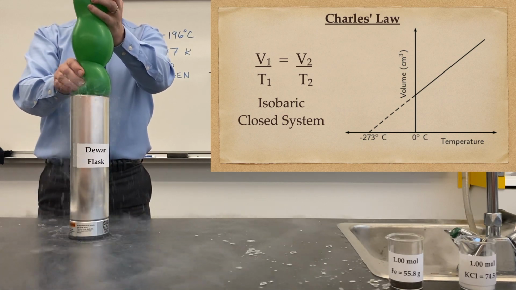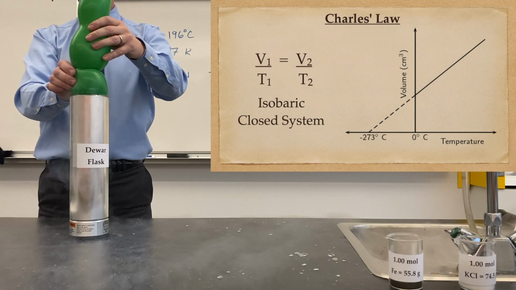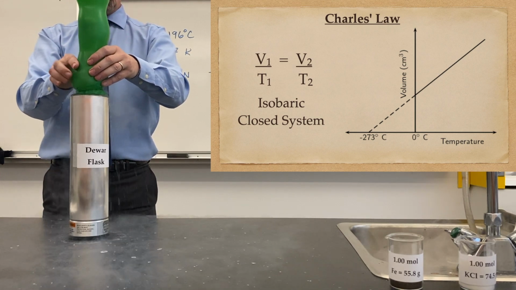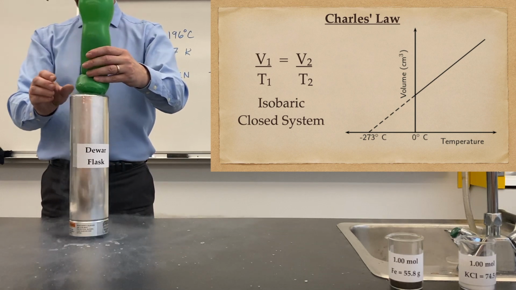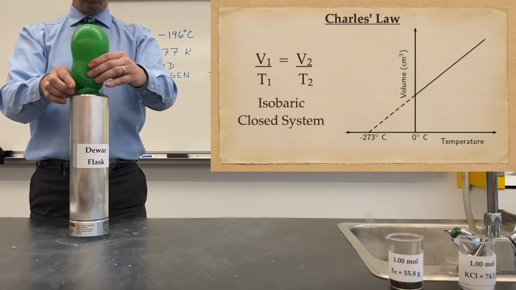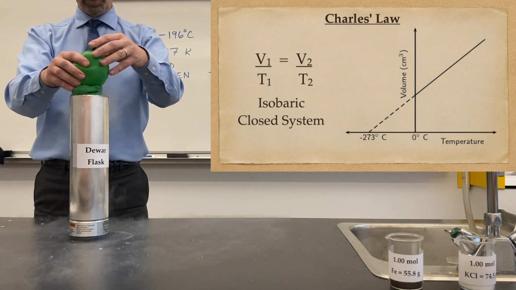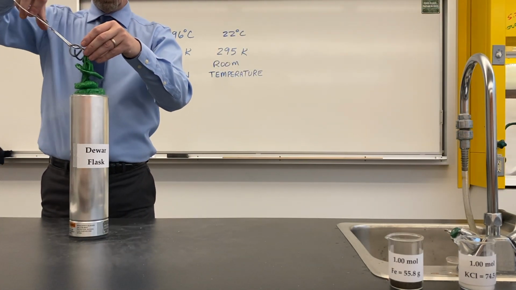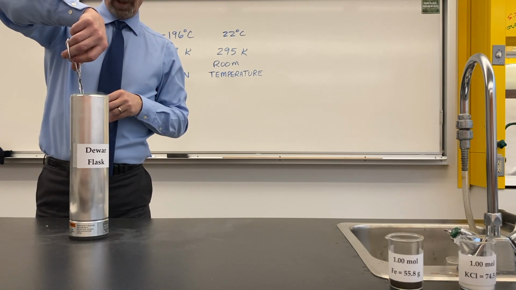And according to Charles' law, the volume and temperature are directly proportional. So as the temperature falls, so does the volume of the air in my balloon. And as you can see, my entire balloon fits quite nicely into my Dewar flask.